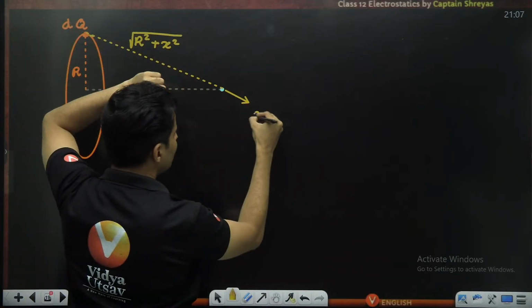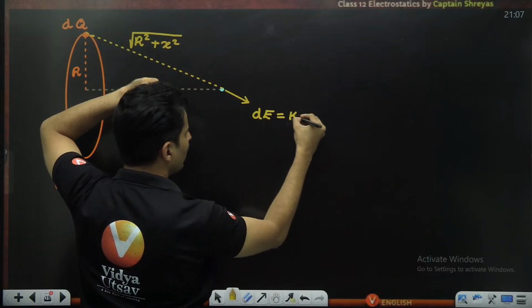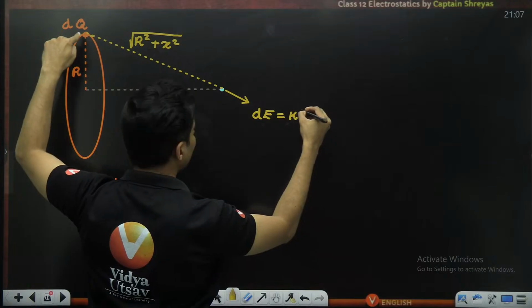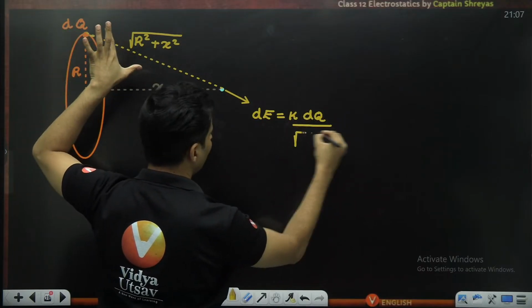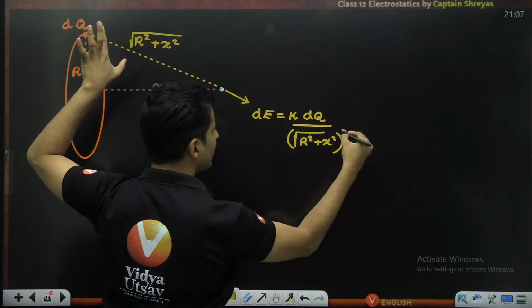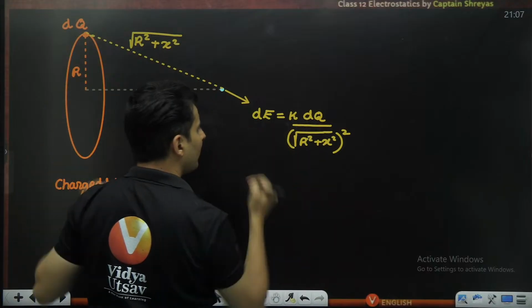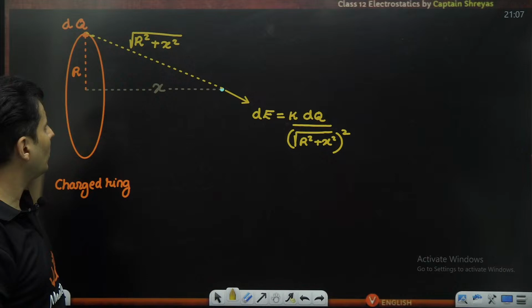So this small electric field dE will be Coulomb constant into dq divided by this distance, whatever is there, r square plus x square, the whole square, right? Kq by r square. Why dq? dq is a small charge at the top.